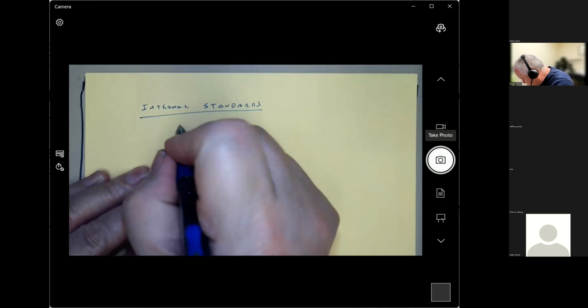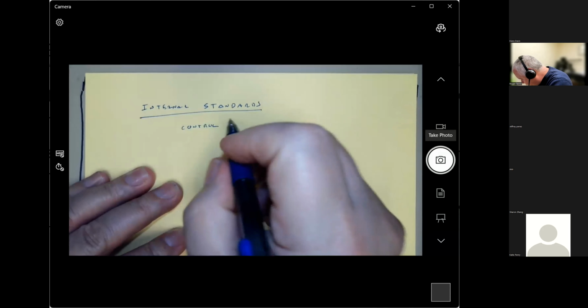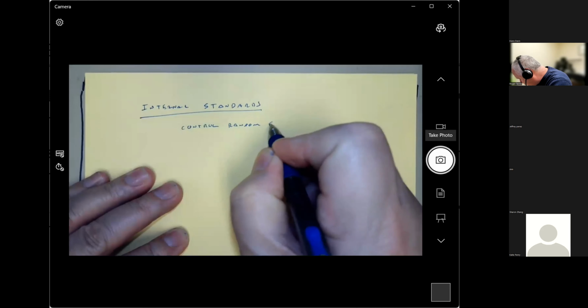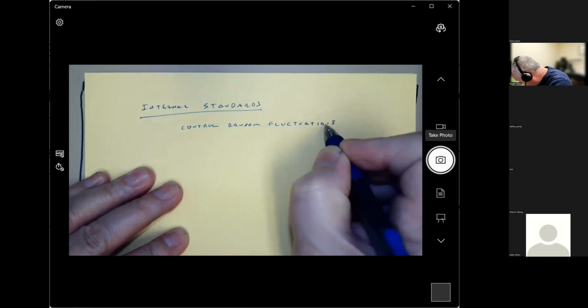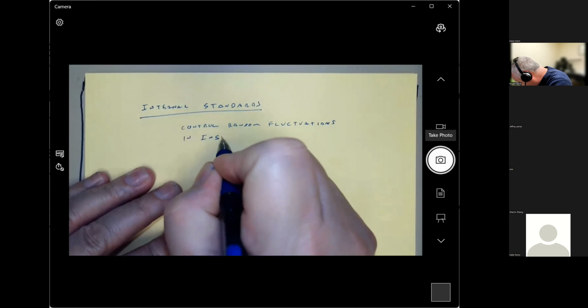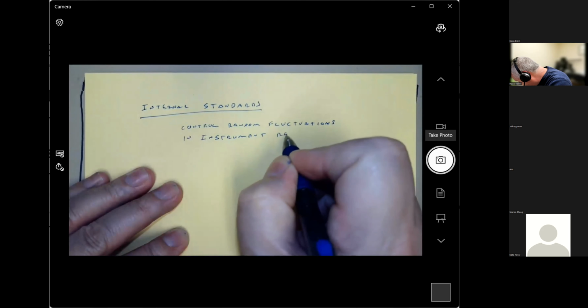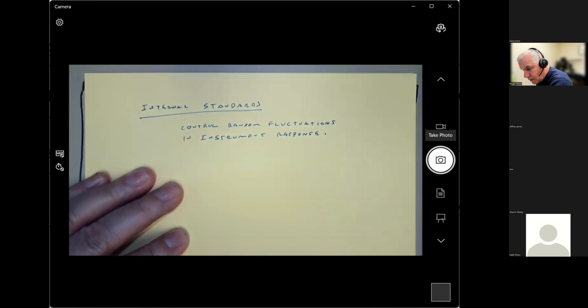Their job is to control for random fluctuations in the instrument response. Does that make sense?